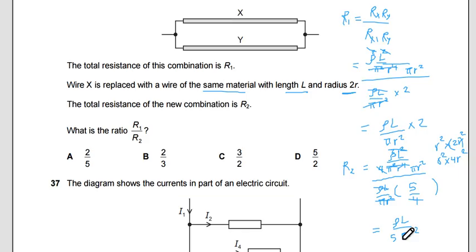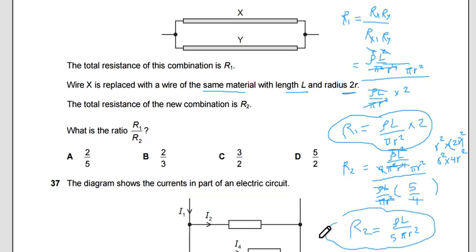So if we divide R1 by R2, we will have rho L over pi R squared eliminated.